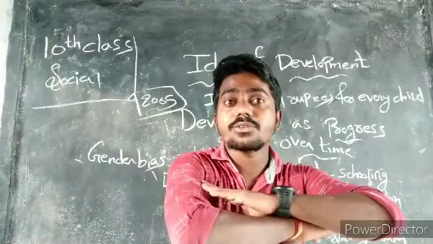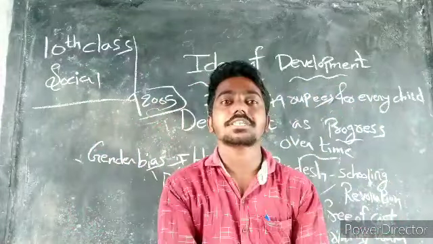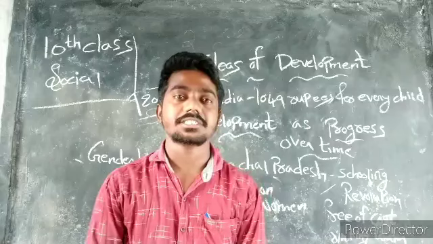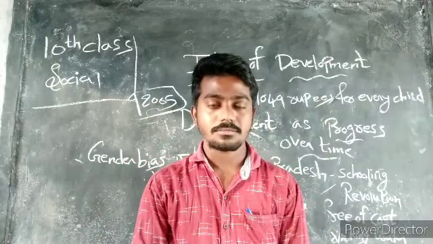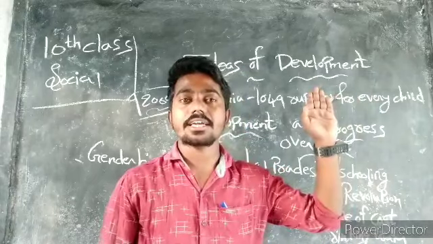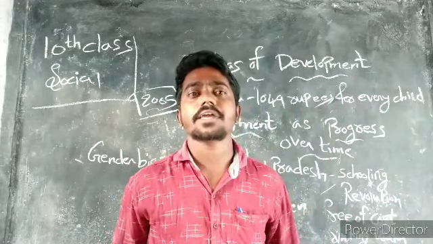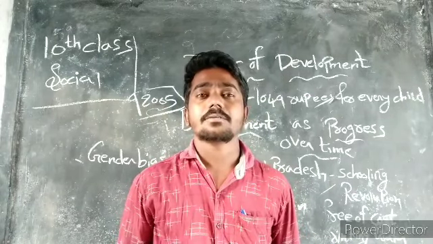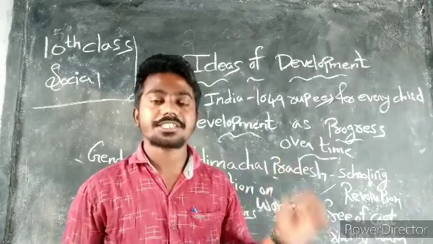I am not saying there is no discrimination, but compared to India, there is very low gender bias in Himachal Pradesh. And in 2005, the government of Himachal Pradesh was giving 2005 per child, but in India only 1049. This is about the lesson.